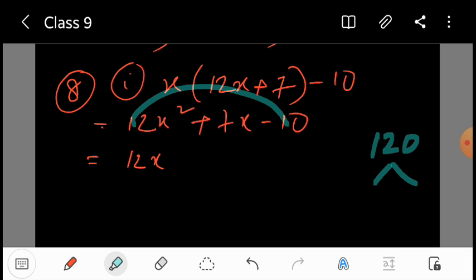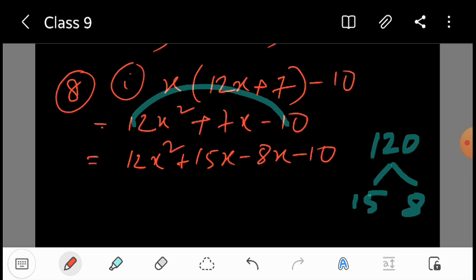Now this 120 should be broken, like you need to make it 7, right? So that is 15 into 8, we can break it, right? So let's see, that is 12x square plus 15x minus 8x minus 10.